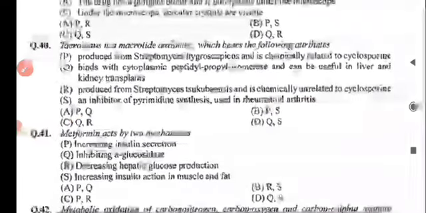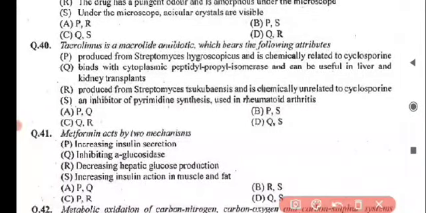Now, next question is, the tacrolimus is a macrolide antibiotic which bears the following attributes, and the attributes are Q and R. That is, it binds with cytoplasmic peptidyl prolyl isomerase and can be useful in liver and kidney transplants, and produced from Streptomyces tsukubaensis and is chemically unrelated to cyclosporin.